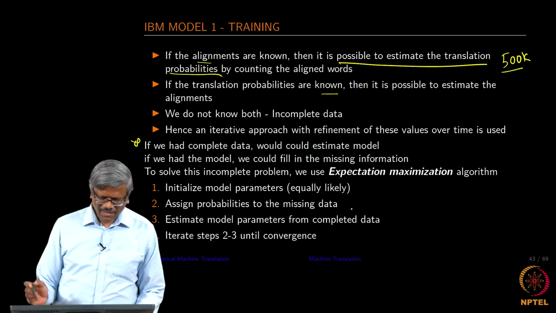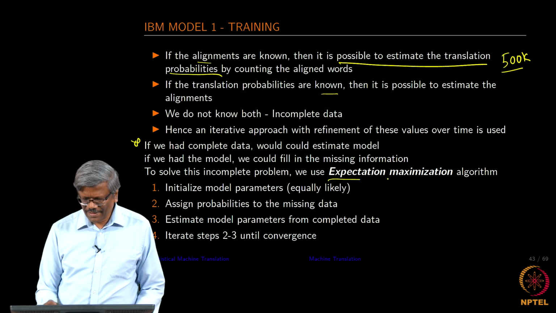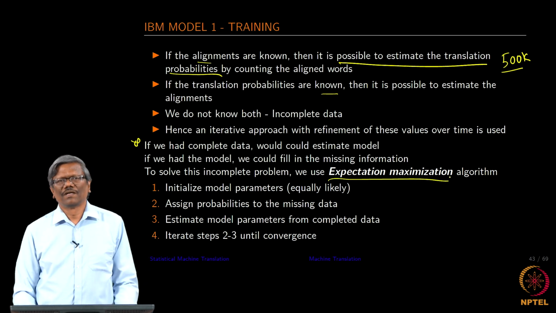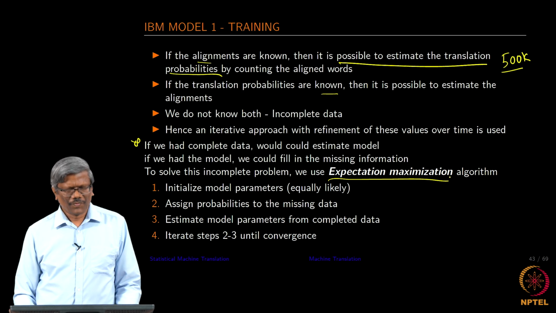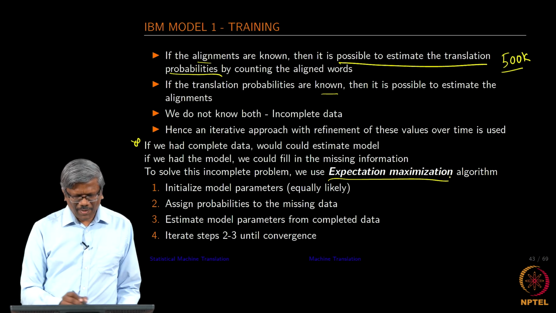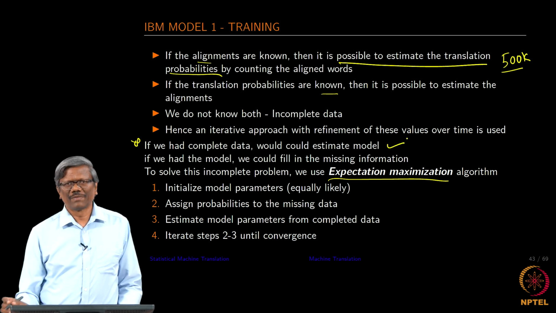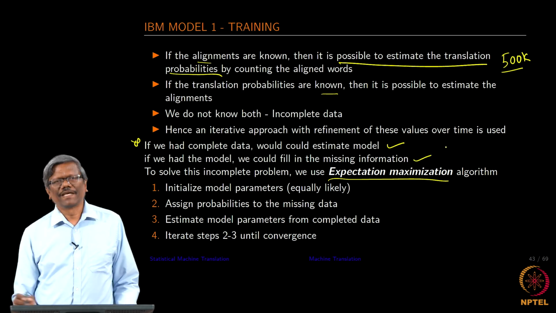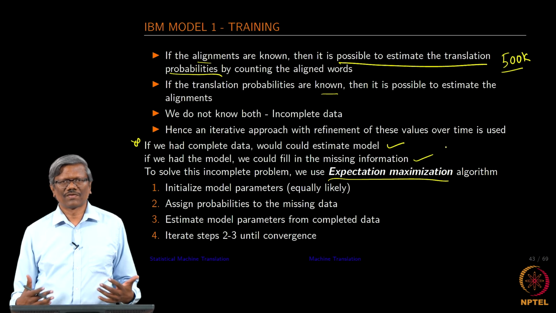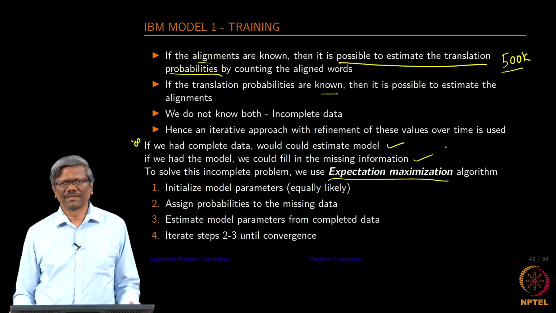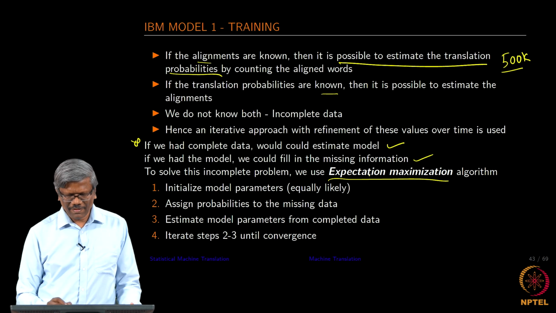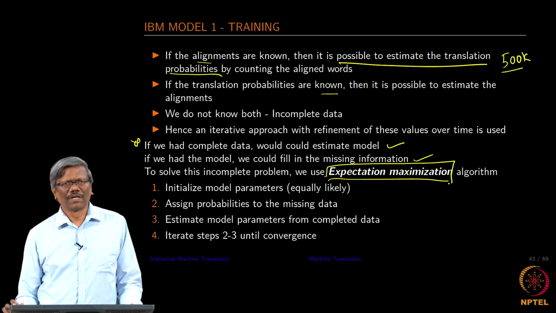So in this case, we would use the EM algorithm to solve this problem. As I mentioned, if we had the complete data, we can easily estimate the model. If we had the model, we can fill in the missing information. Both are not available to us in full. So that's why we go for the EM algorithm here.